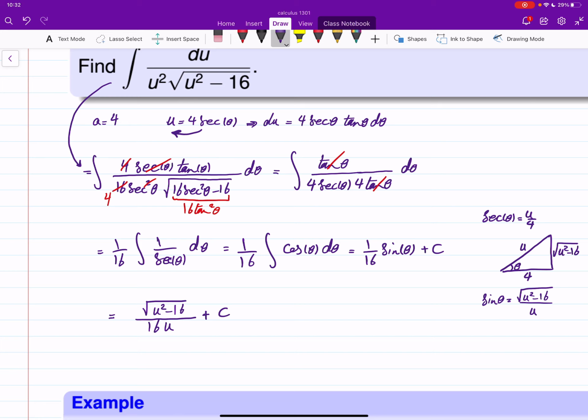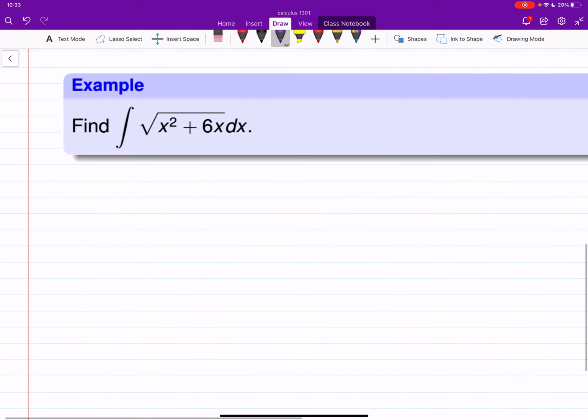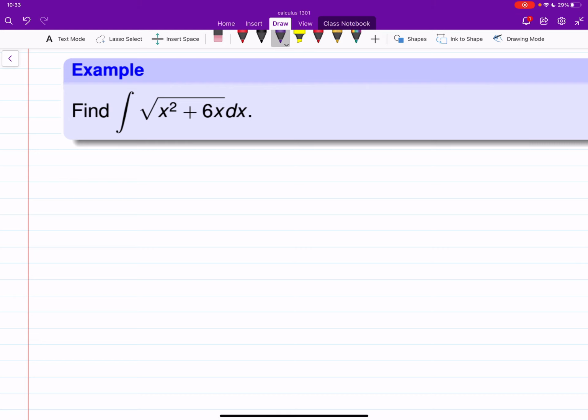Okay. So that is the integral we had, and we turned it back into the original variable. Okay, let's do one more example here. When you look at this integral, the square root term that you have is not of the form x squared minus something squared.